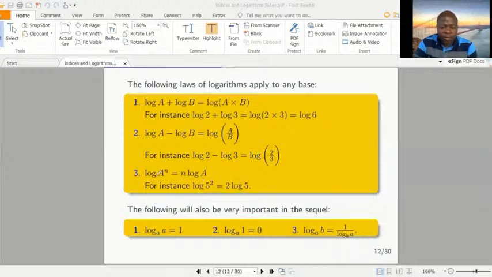And then the other law is that the log of a raised to n will be the same as n log of a. For instance, if I'm given log of 5 raised to 2, I would write this 2 here as 2 log of 5. And remember, the base is 10. This is silent, so it's 10.